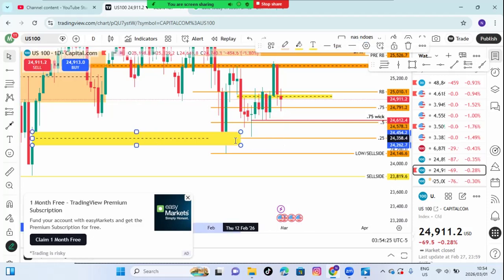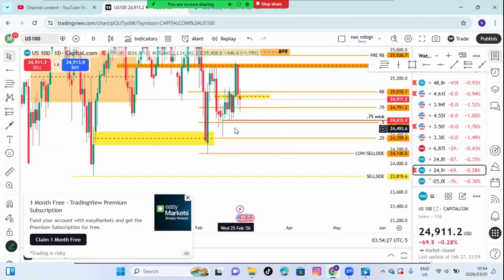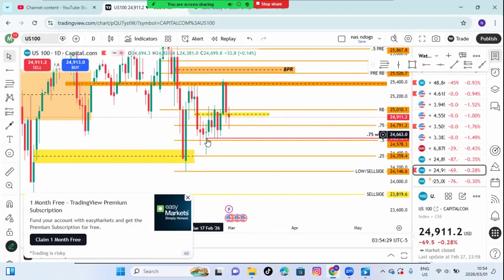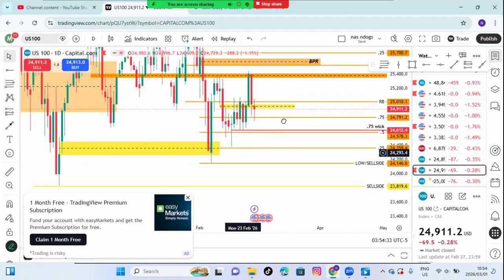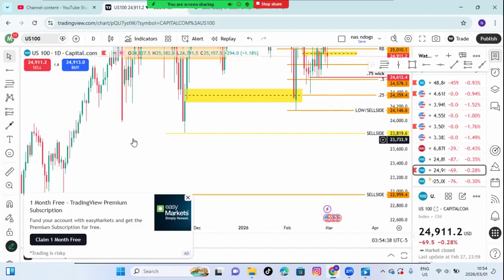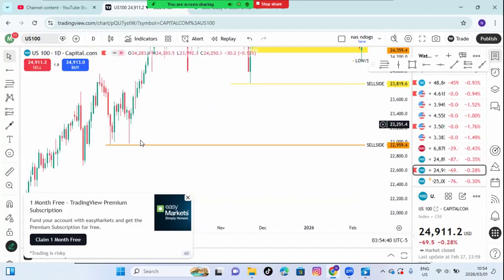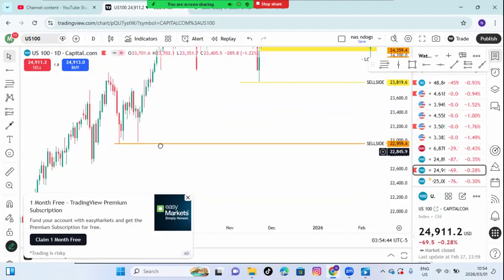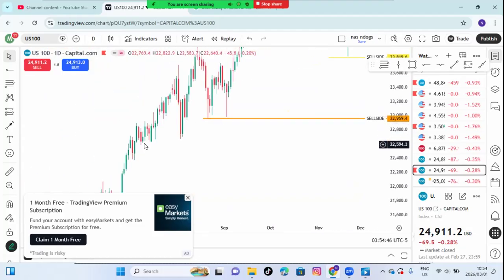Right? Then we'd like to see what? The sell side here taken, sell side taken here, sell side taken here, relatively equal lows here, nice liquidity resting below there. Eventually, even here, there's some nice liquidity. You can see that this is some nice liquidity here.